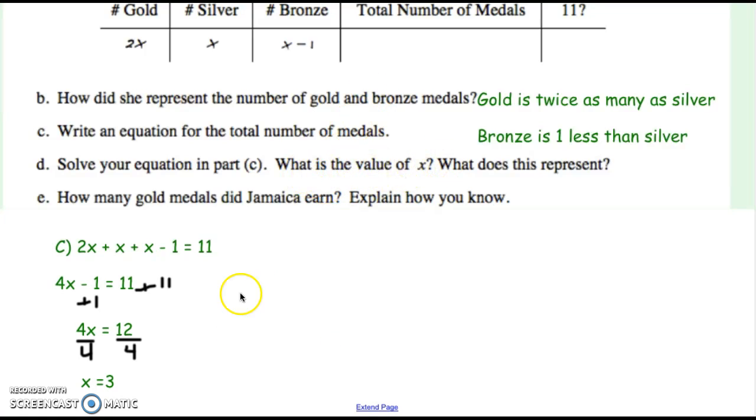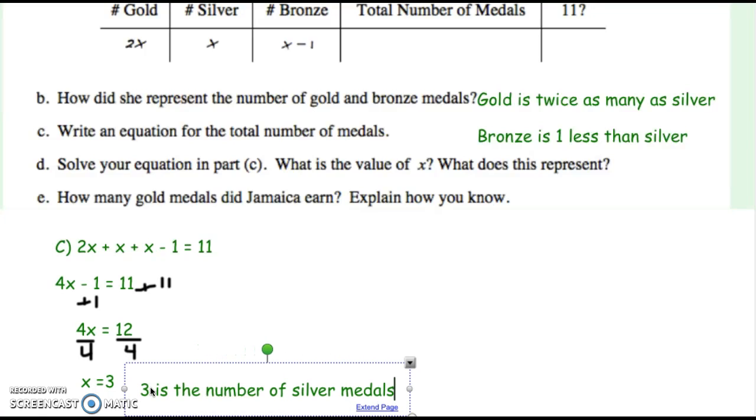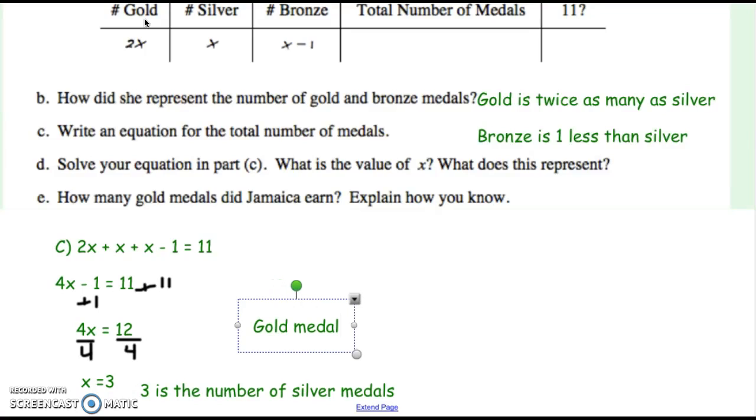So the value of x here is 3, and that represents 3 is the number of silver medals. How many gold medals did Jamaica earn? Since gold is twice that, gold medals would be 3 times 2 would be 6.